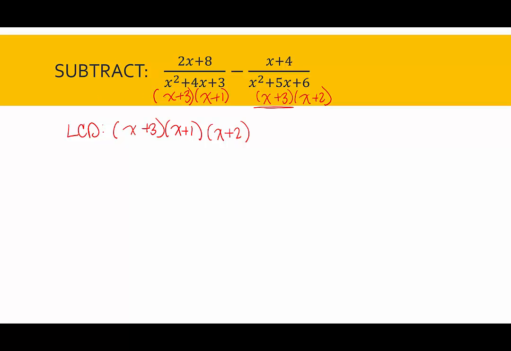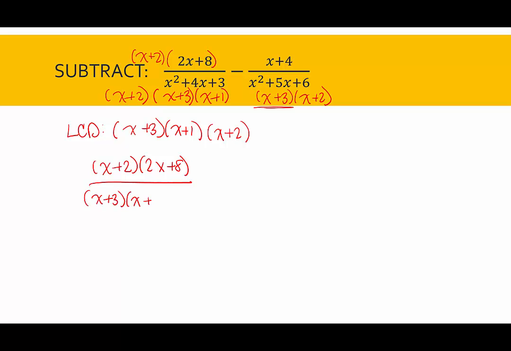What do I need to do to the first one? It's missing that factor of x plus 2. So I'm going to multiply by x plus 2 to the denominator, and I'm going to multiply by x plus 2 in the numerator. When I do that, that's going to give me x plus 2 times 2x plus 8 divided by, now I have all 3 of these in the denominator, x plus 3, x plus 1, and x plus 2.